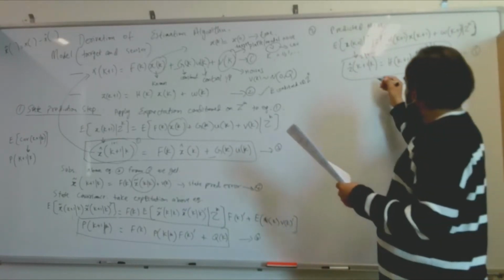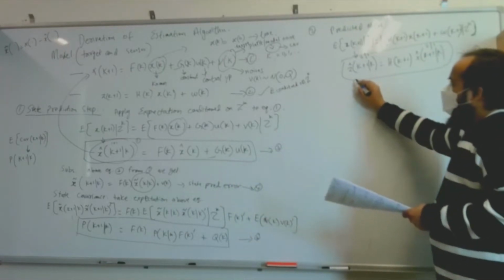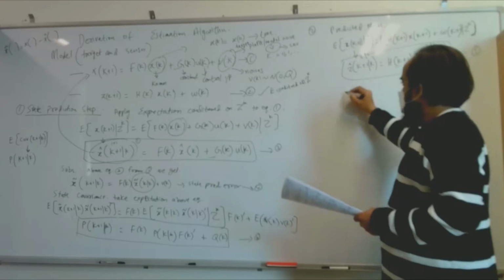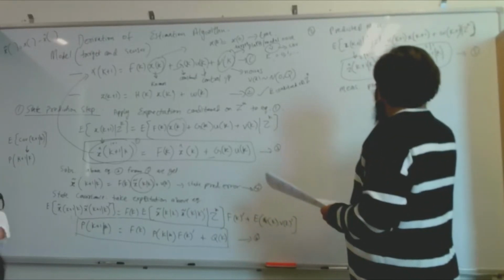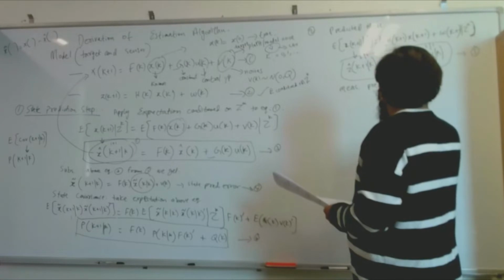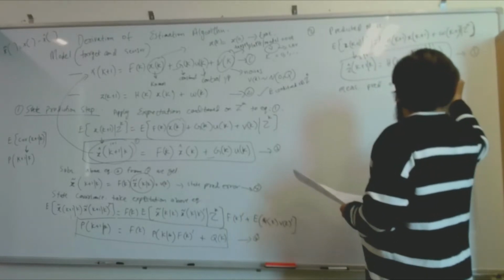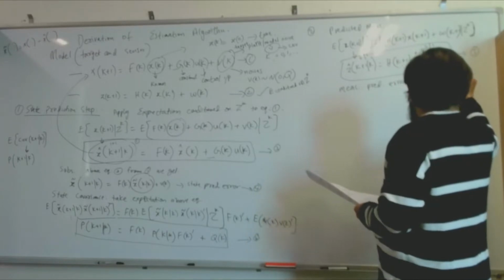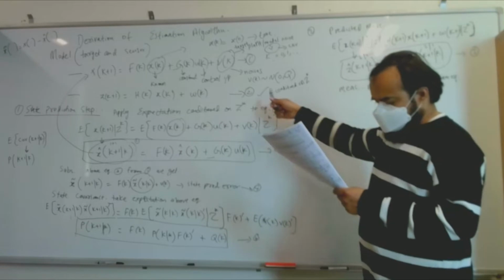So for finding the covariance, we must first calculate the measurement prediction error. This is the measurement prediction error, obtained by subtracting the above equation from this one.